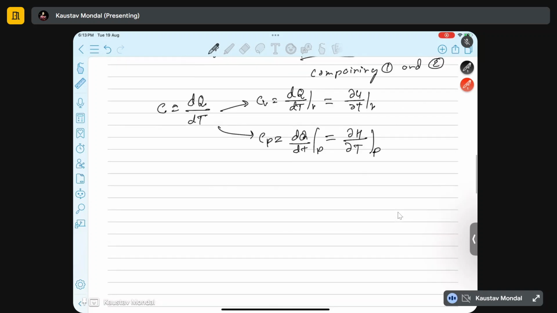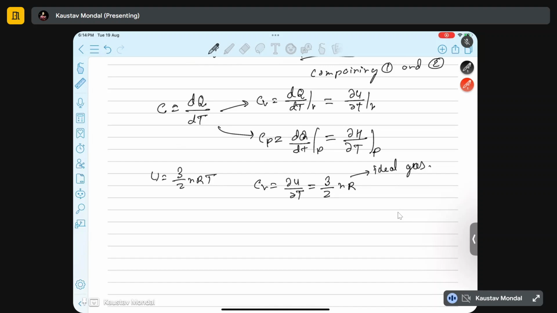For an ideal gas, U is 3 by 2 nRT, so CV would be simply del U del T, that means 3 by 2 nR. This is for an ideal gas, which means it's a constant value. So these are some results.